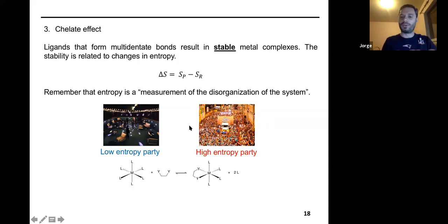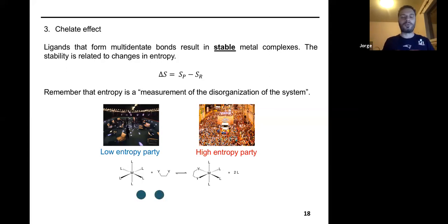And as I told you, the entropy is correlated with the number of molecules. So imagine that each molecule here is a person. So let's count the number of people in the beginning and the number of people or molecules at the end and compare beginning and end.